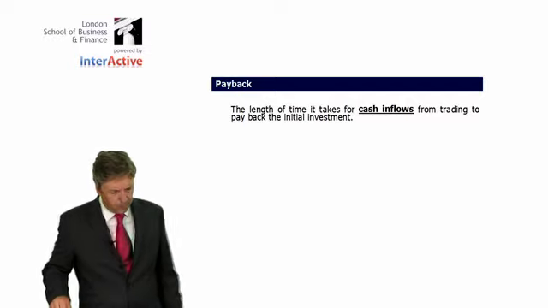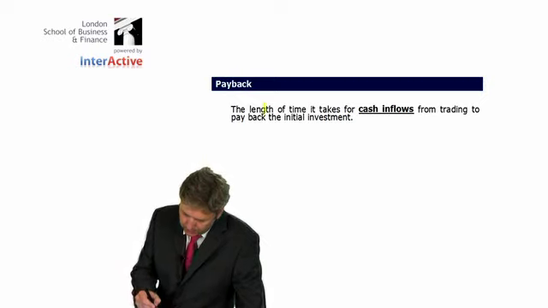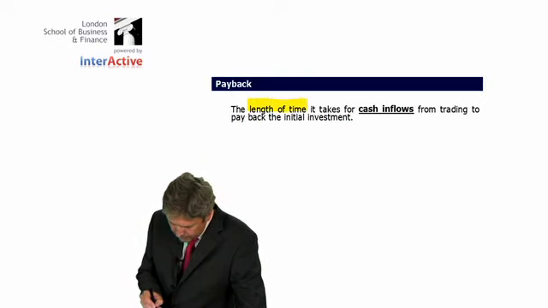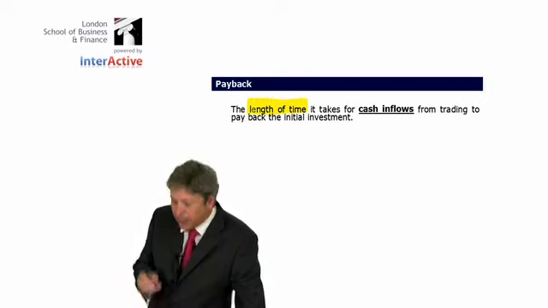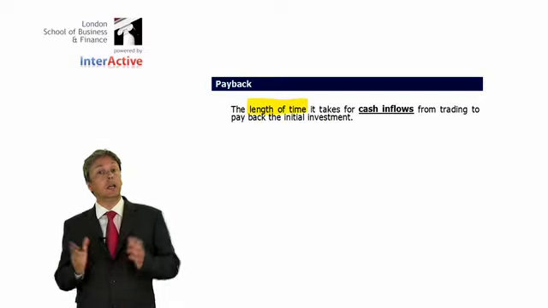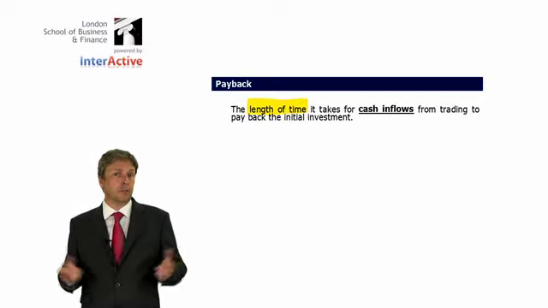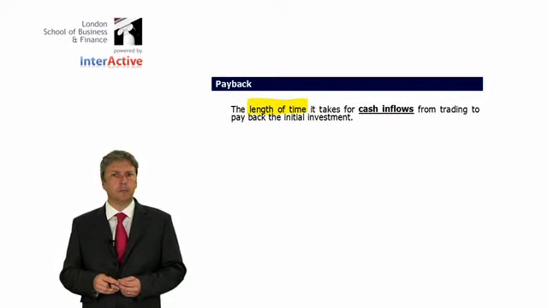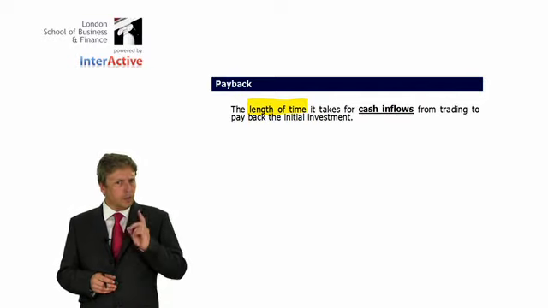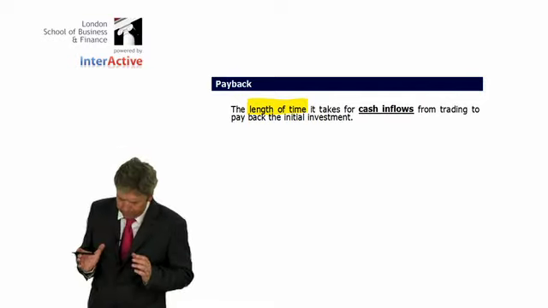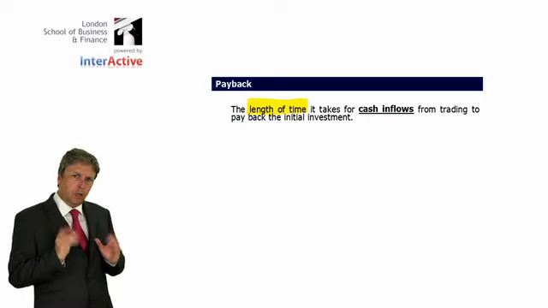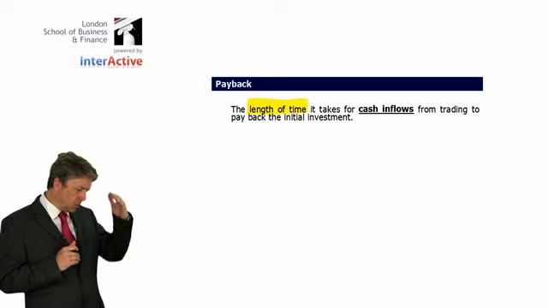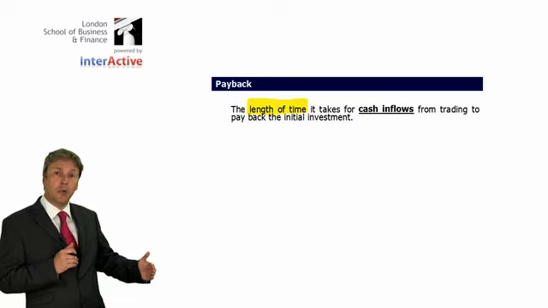Now, the first thing we have to pick up on is this idea, length of time. The answer is going to be in years and months, or years and part years probably. The other thing we have to highlight before we go any further is this. When we look at payback, we're going to stop at the point at which payback occurs.